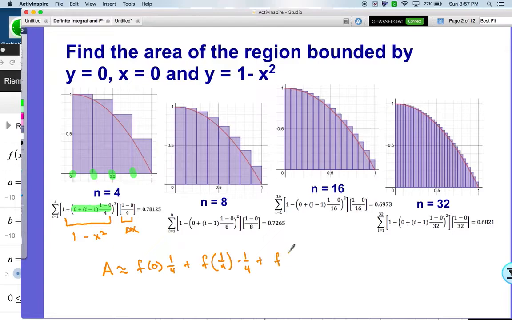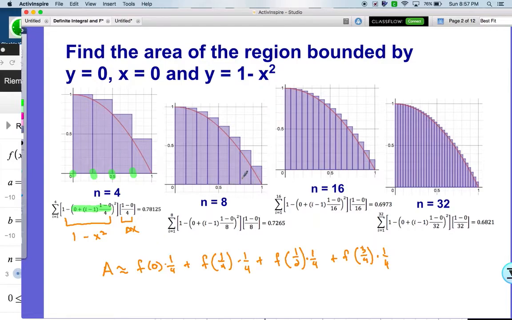Plus f of 1/2, what you get when you plug in 3 into the highlighted part, times the 1/4. And then finally f of 3/4 times the 1/4. This is just the sigma notation to do that. I did this on a calculator previously, and I got approximately 0.78125.